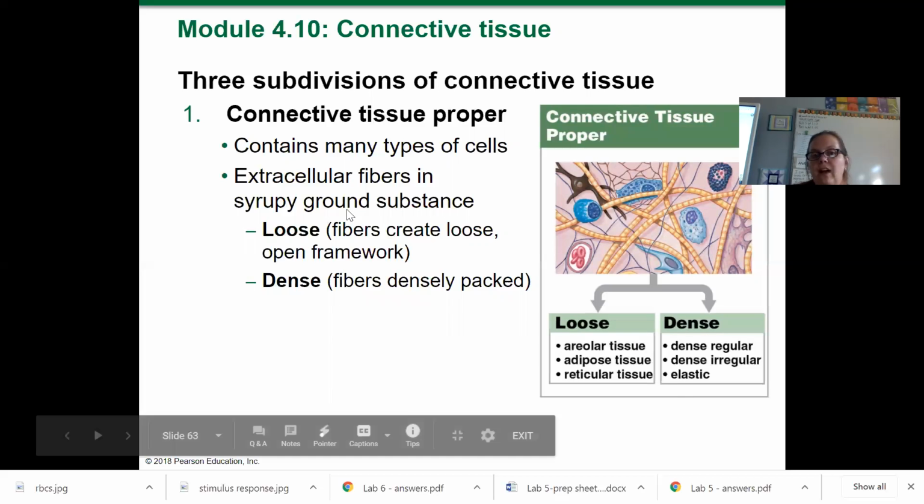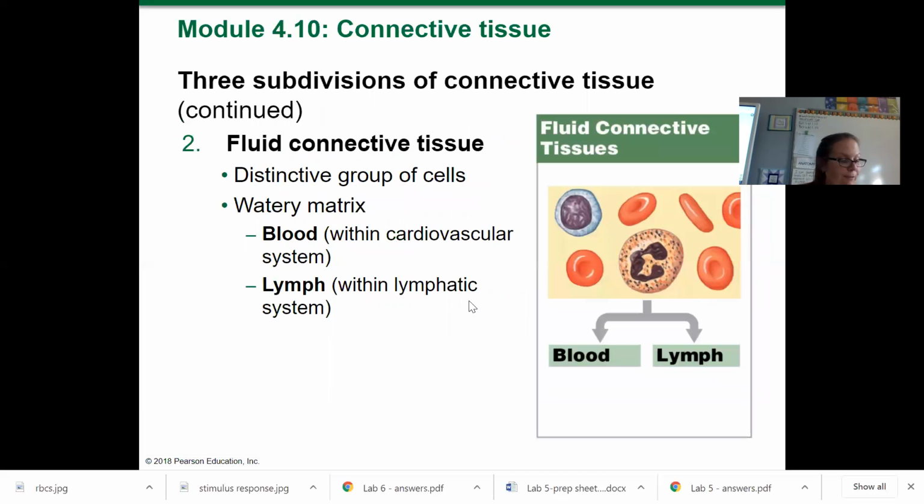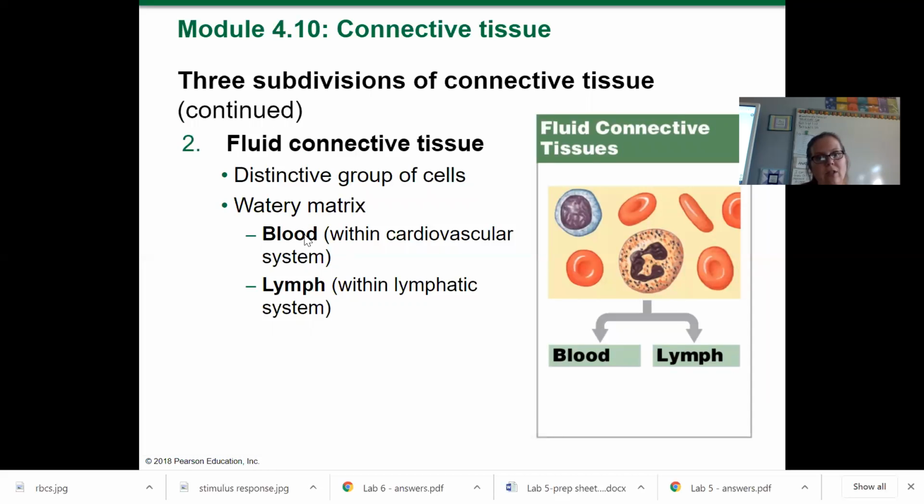It has to do with how the fibers look when you look at it. They're either a loose open framework or they're densely packed. You then have fluid connective tissues, which are blood and lymph mostly, and these have a very watery matrix with very specialized, very distinctive cells within them.